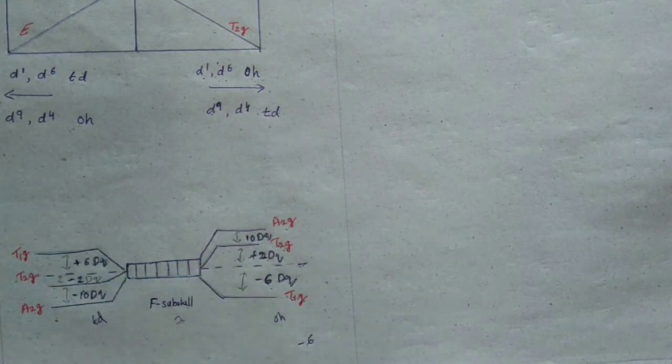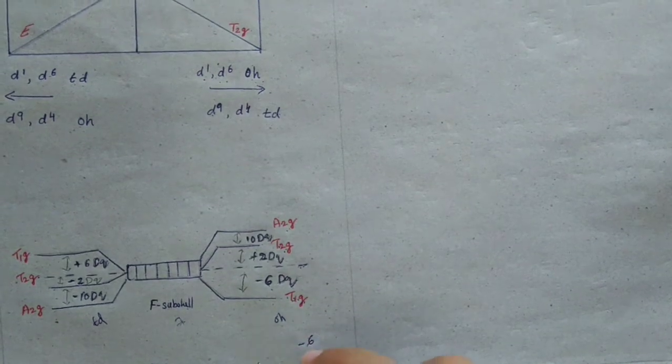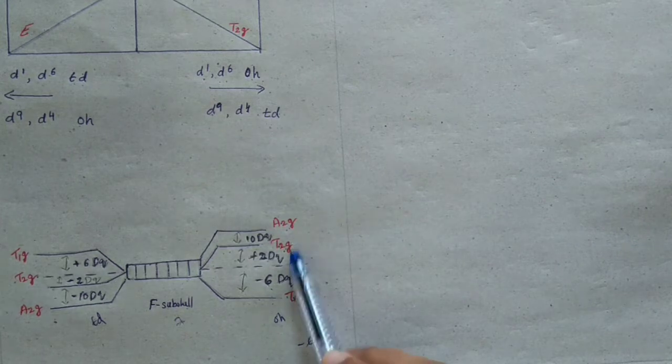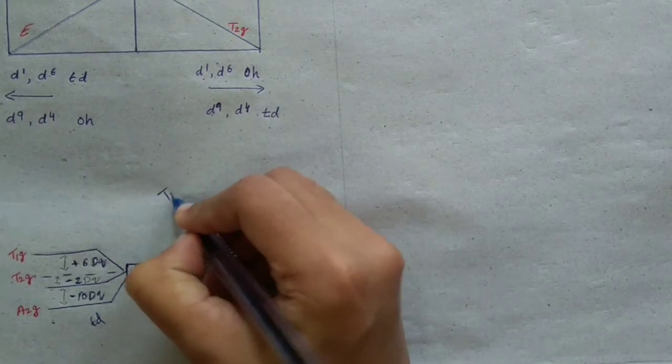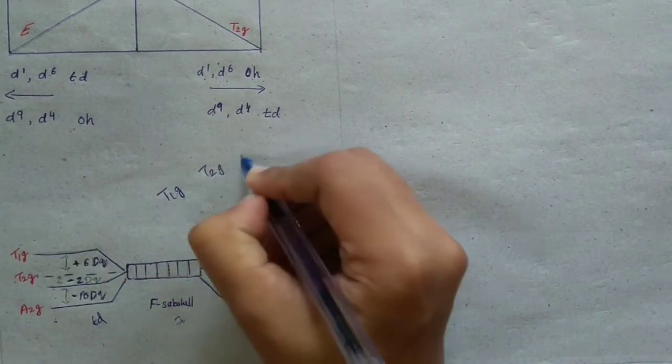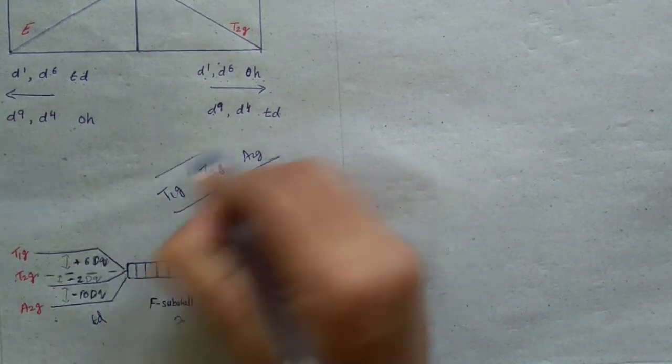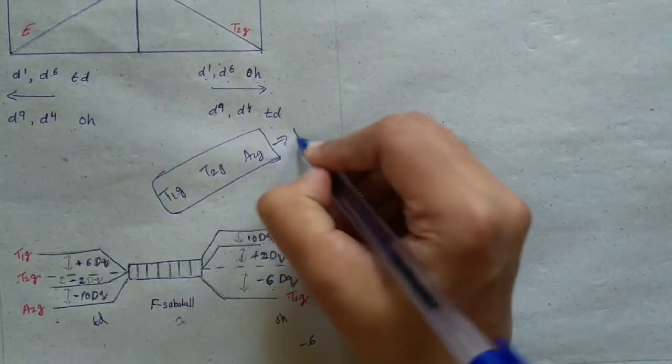So this is the splitting of the F subshell. You just understand that T1g, T2g, A2g are the splittings of the F subshell.